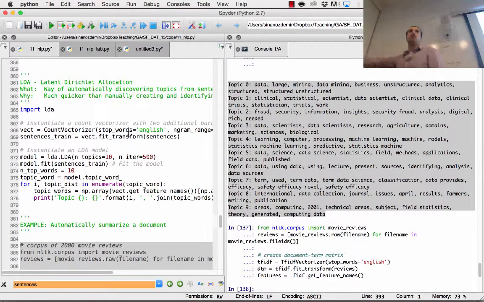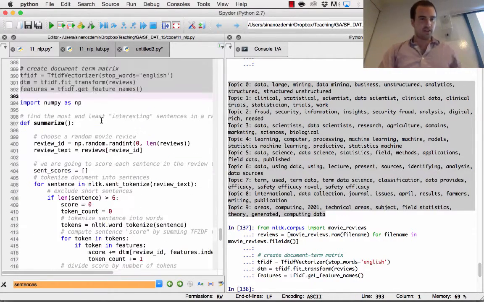This topic over here uses the words ISIS, terrorist, international, borders. This other topic uses Apple, watch, technology, stock price. This other topic uses sports, NBA, NFL, so on and so forth. So it's splitting up the documents into topics based on keyword.